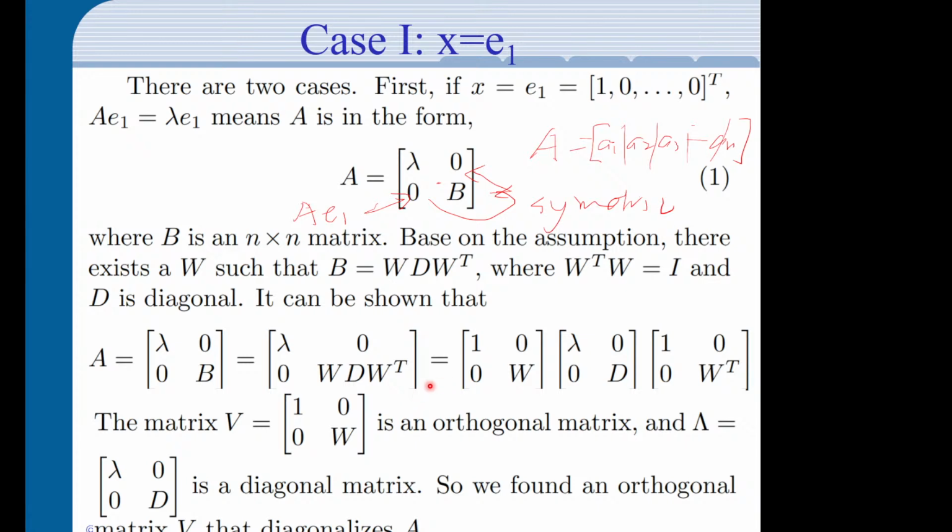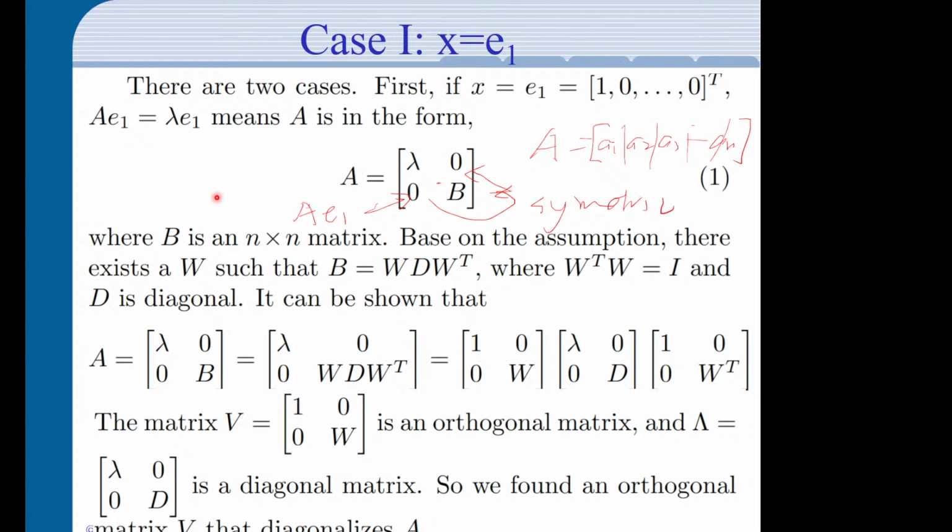So that's basically the idea. We want to cut the space into two orthogonal parts. The first part is the eigenvector you just found, and the other part is the space orthogonal to this eigenvector.